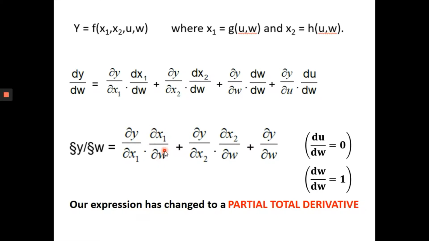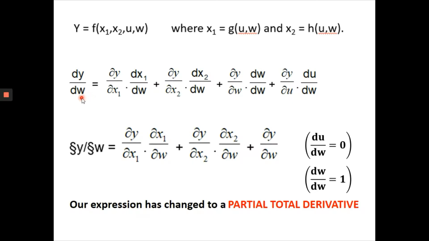All right, so this is on the right-hand side, but also on the left-hand side. Because we are allowing w to change and keeping u constant, we really need to interpret this as a partial derivative, even though it is being derived through the process of the total differentiation of y. Okay, so we can't think of this now as the total derivative where we allow everything to change, because we are holding u constant.